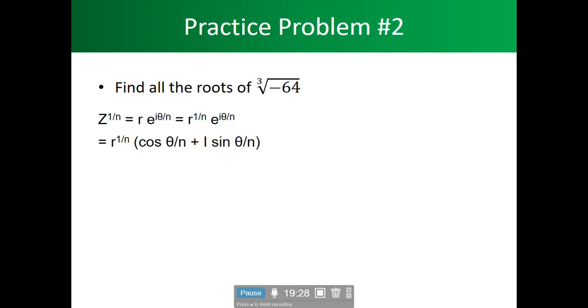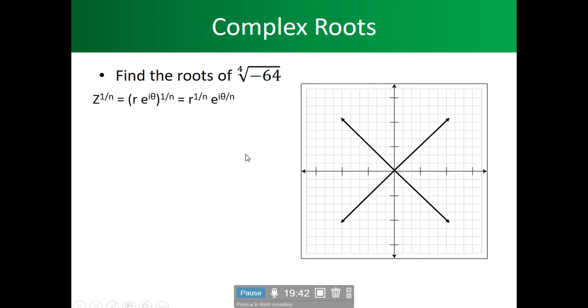Okay, so now what we're going to do is look at this 64, and it's this 3rd root. So what we want to be able to do is put it in the correct format. That is all that we're doing. And as you can see over here graphically, there are 6 different points of connection.